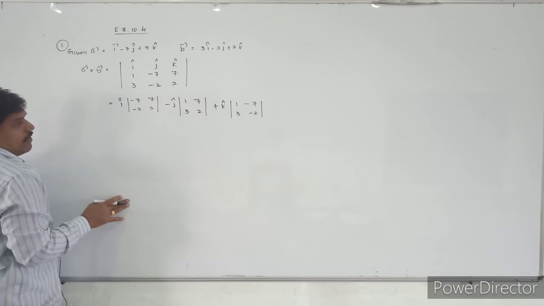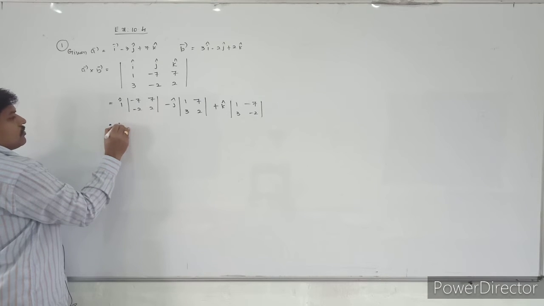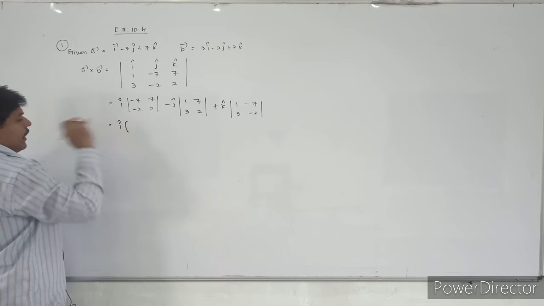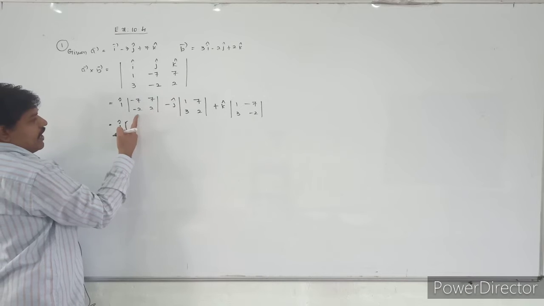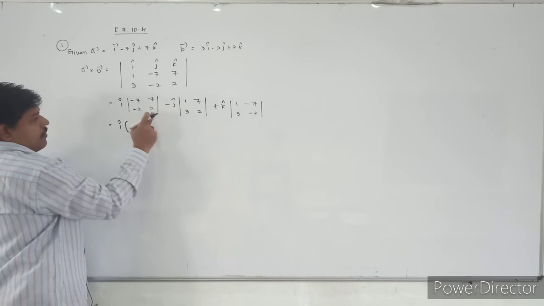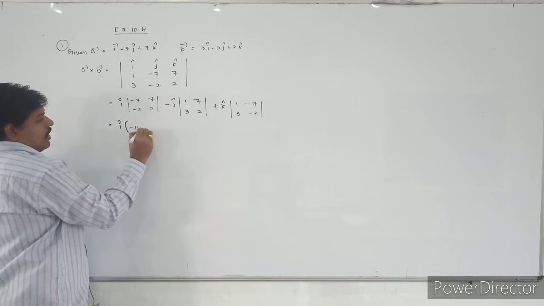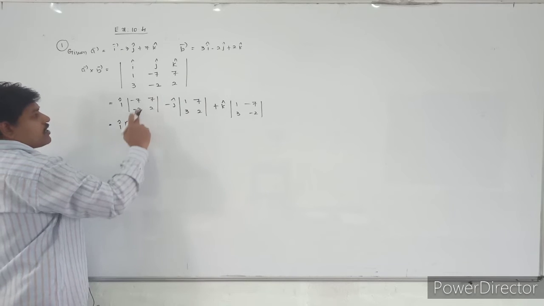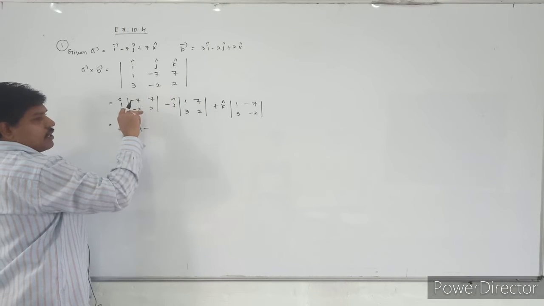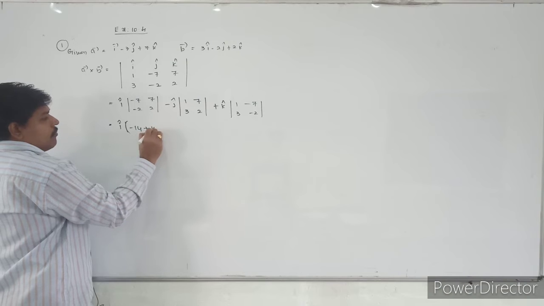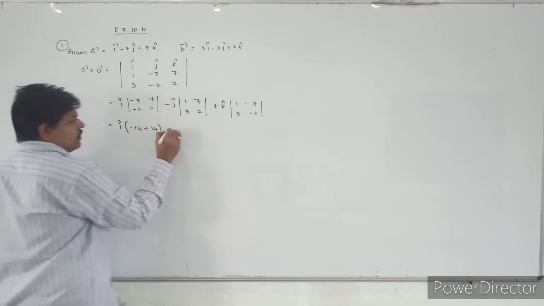Expanding, i cap into AD minus BC: minus 7 into 2 is minus 14, minus 2 into 7 is minus 14, minus of minus becomes plus 14.